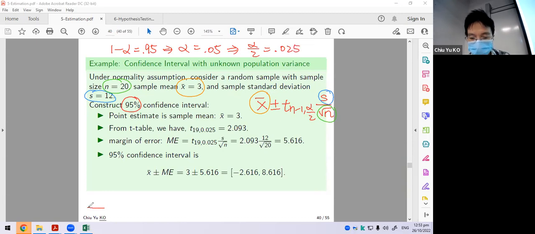So the idea is the following. Let's see it. This is 0. We want this area to be 95%, 0.95.